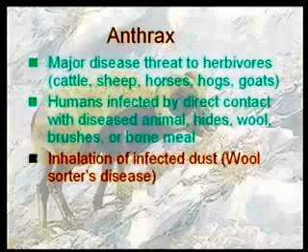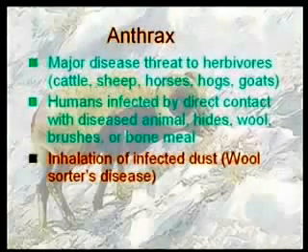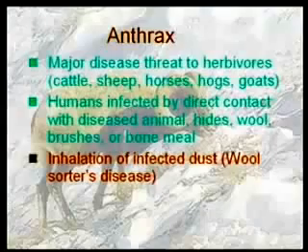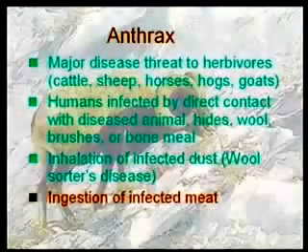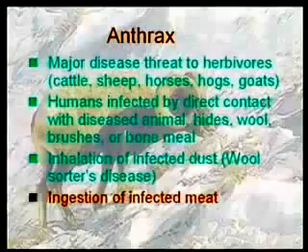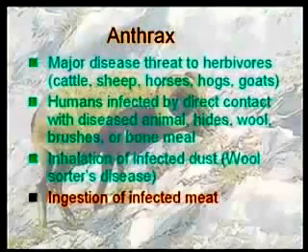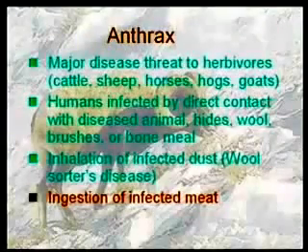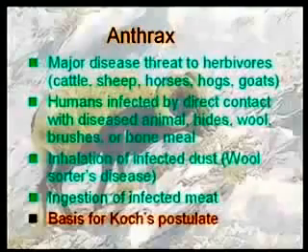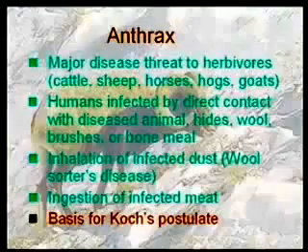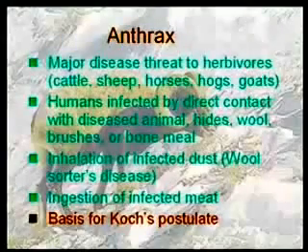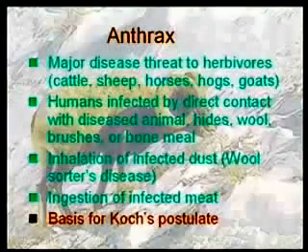Postal mail is not the normal route of infection with anthrax, but it has been used. Ingestion of infected meat is another route. This is the basis for Koch's postulates, the organism that was initially used by Koch.